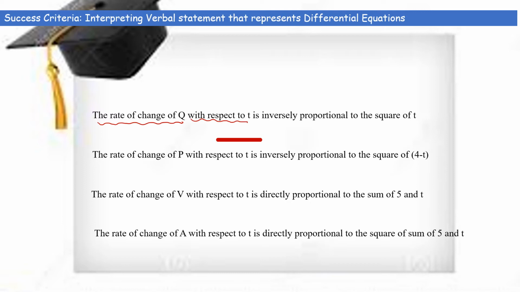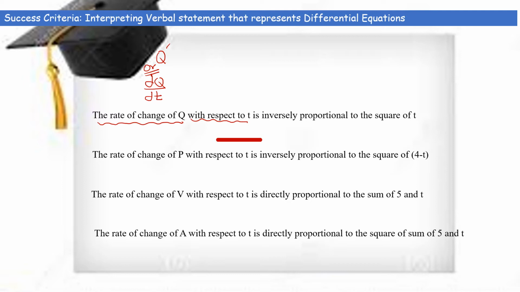It means the rate of change of Q with respect to time, which shows the derivative of Q. That means Q prime, or normally they write dQ over dt, is inversely proportional to.